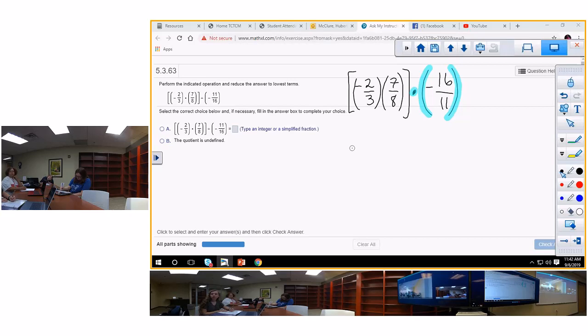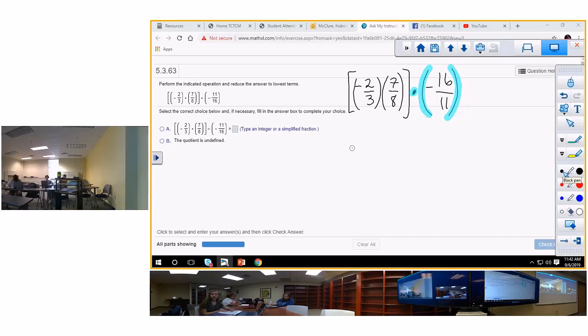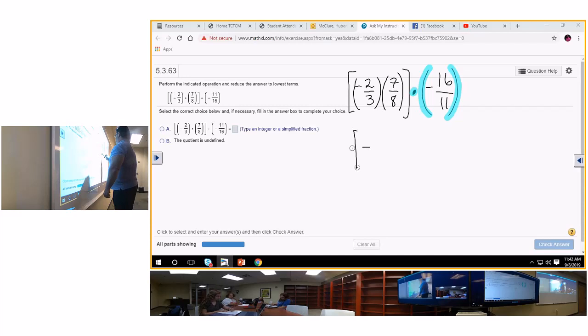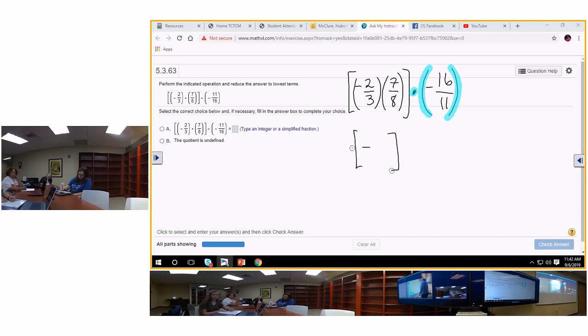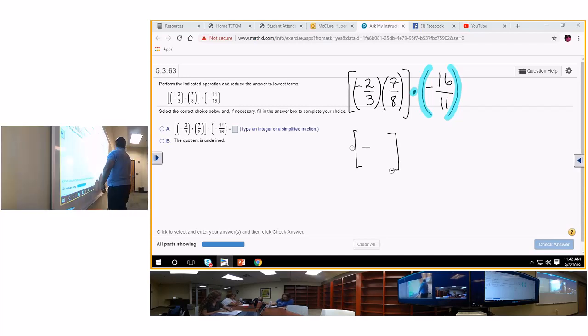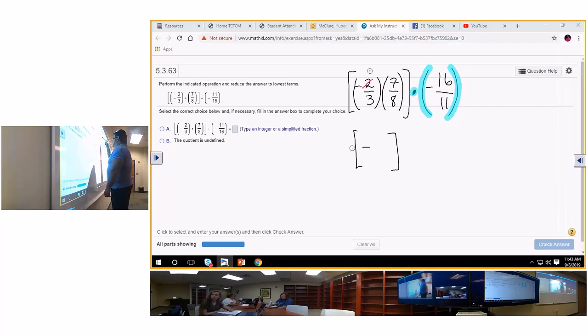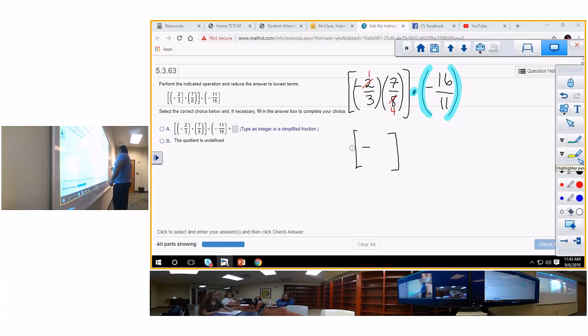So what's a positive times a negative? So this answer is going to come negative. And the 2, let's use our red marker. The 2 will cancel with the 2 one time and cancel there 4 times. So what's 1 times 7? 7.